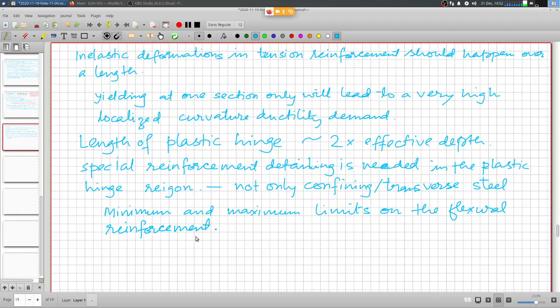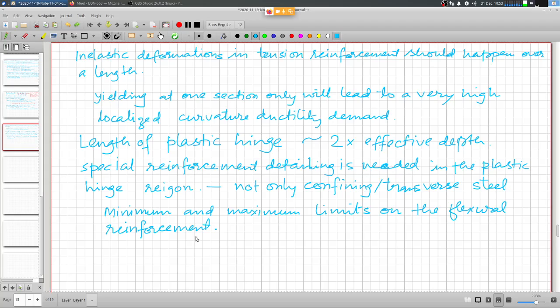So a certain minimum flexural strength is required, so that we are guaranteed that the flexural strength, because of steel yielding, is actually more than the cracking strength of the concrete, right? So that the material doesn't really fail suddenly.